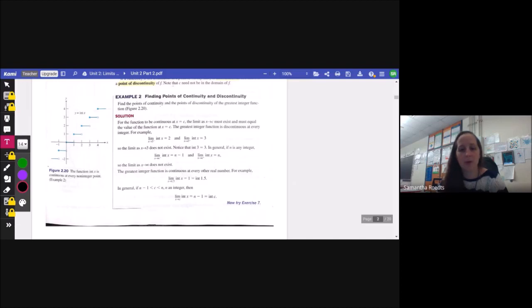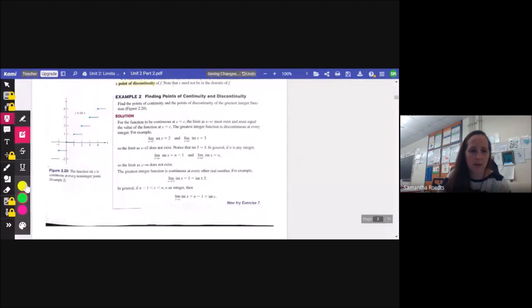So the greatest integer function is continuous at every other real number. For example, the limit of int x as x approaches 1.5. So 1.5 is right here. Okay. As I approach from the left, I get 1, and as I approach from the right, I get 1. So 1.5 again is right here in the center.